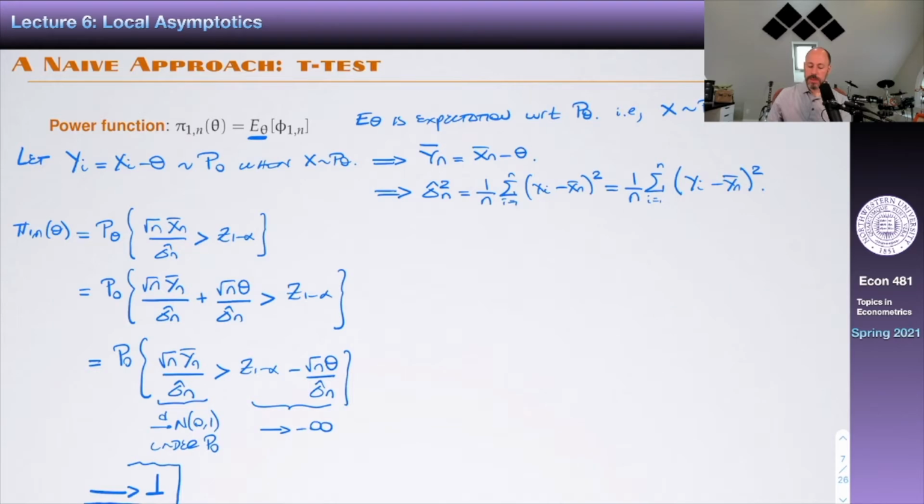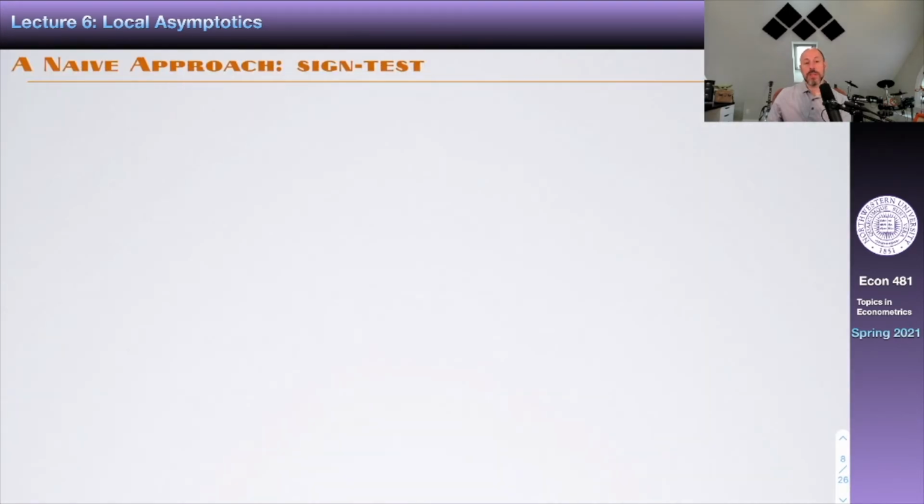So now let's just think about the sign test. Perhaps I should have written the sign test here, but remember that the sign test is the indicator, the 2 over square root n sum from 1 to n of the indicator that xi is positive minus a half greater than z 1 minus alpha.